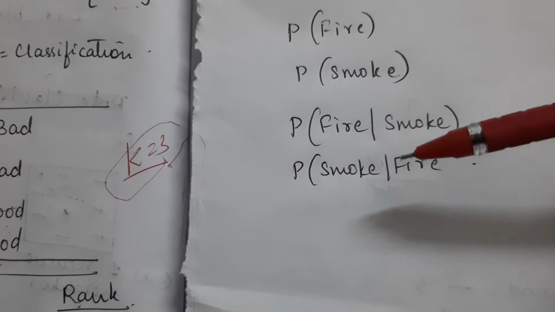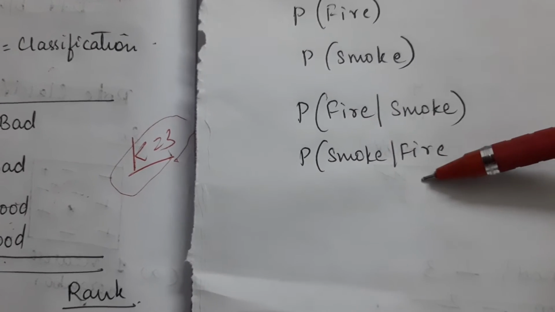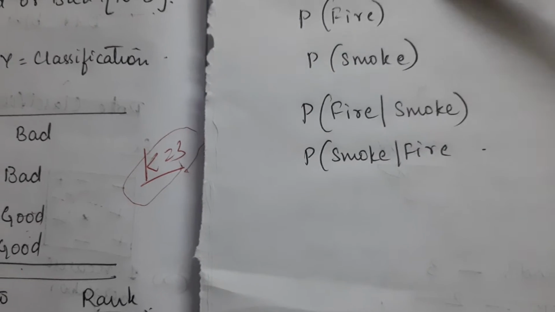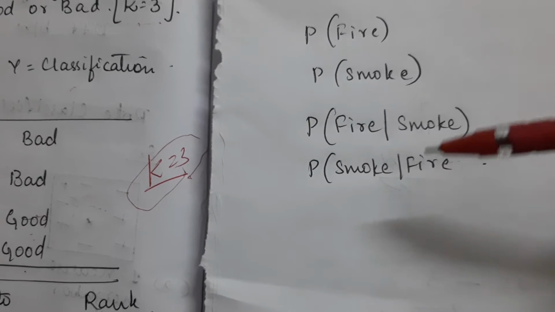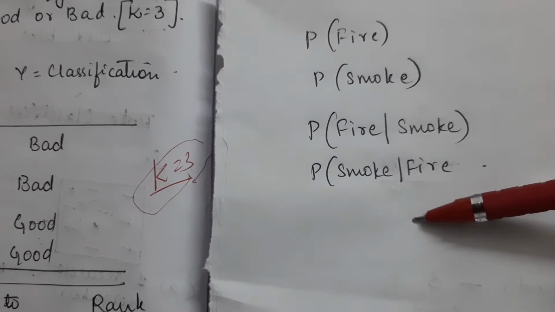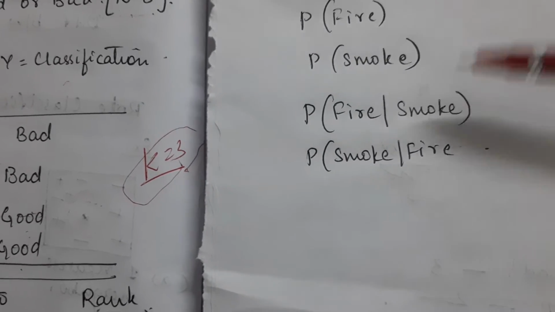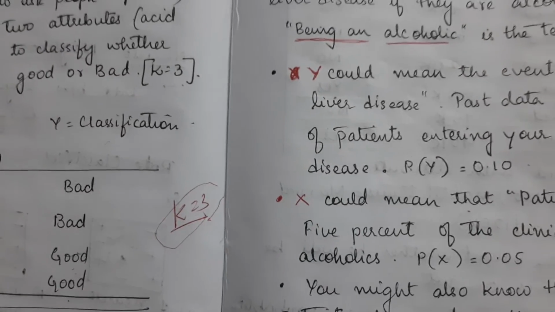And P of smoke given fire means how often we can see smoke when there is a fire. So this is how we represent probability. That is how often B happens given that A happens, or how often Y happens given X happens. So this is what your Bayesian classifier is used for.